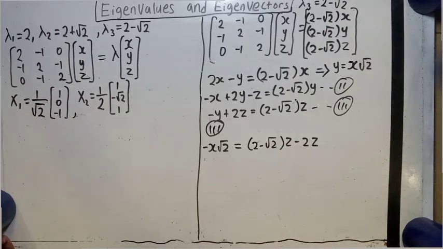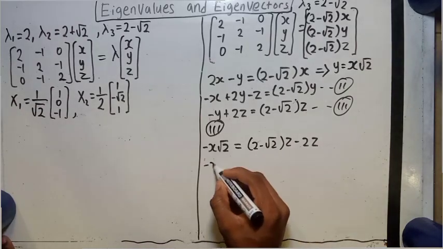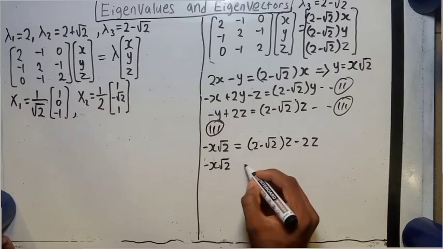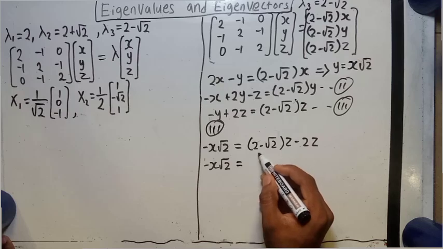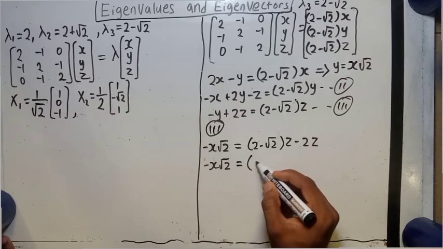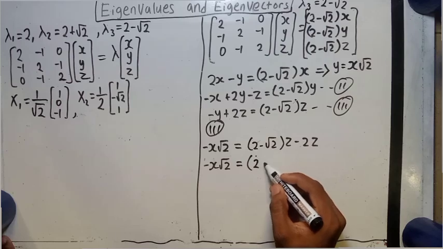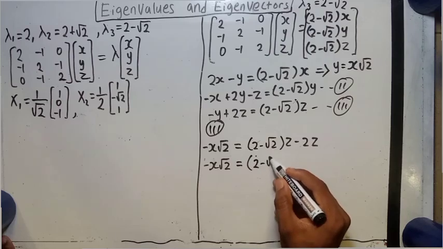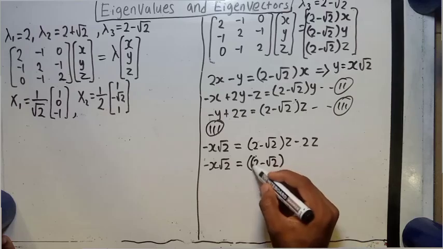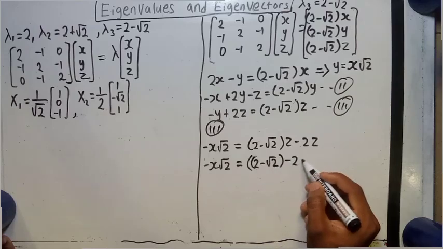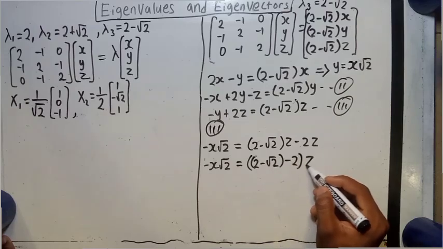You get? Okay, now minus x root 2 is equal to 2 minus root 2 minus 2 times your z.